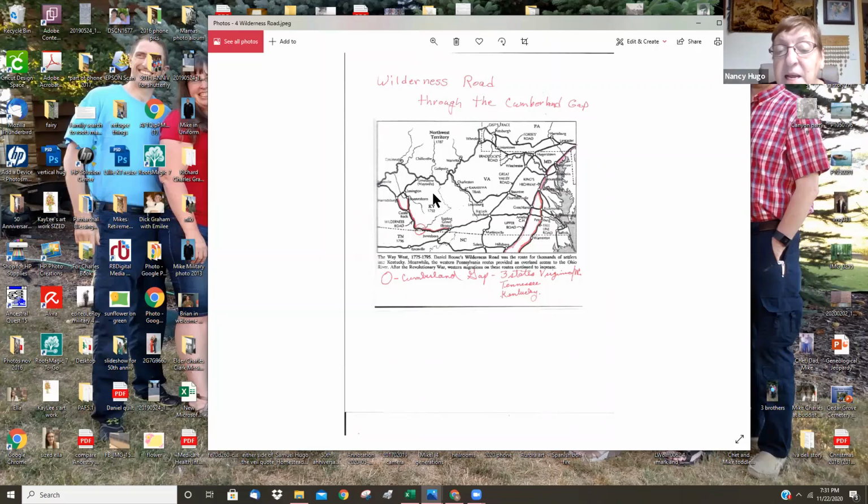My DNA does not group me with the group of people that came on the Wilderness Road with Daniel Boone into Boonesboro and these areas. But all of my children that have had their DNA tested, it does show that they were with Daniel Boone in that community.